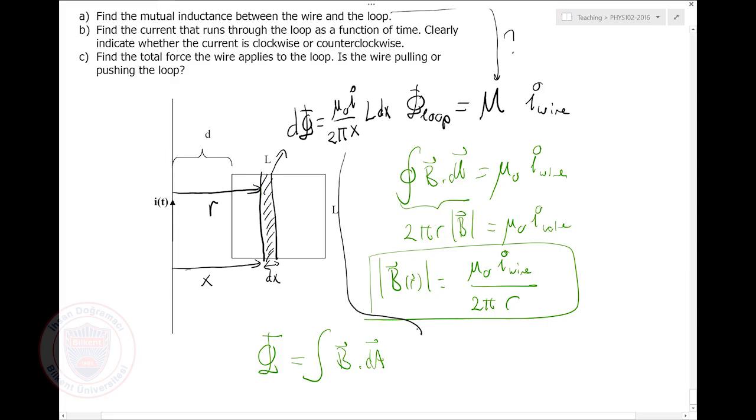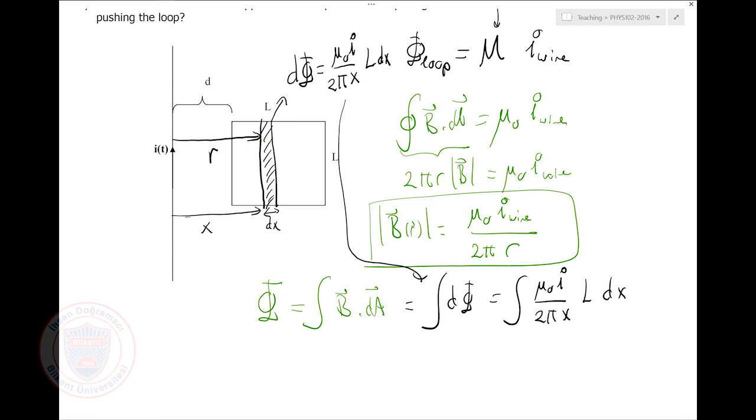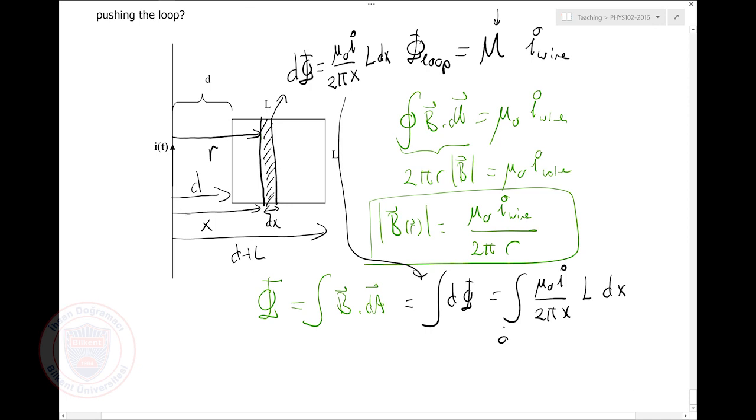So now I'll write this as the integral of d phi, which I'll write as mu 0 I divided by 2 pi x, times L dx. What are the limits on my integration? x starts at D and goes all the way to D plus L. Excellent.